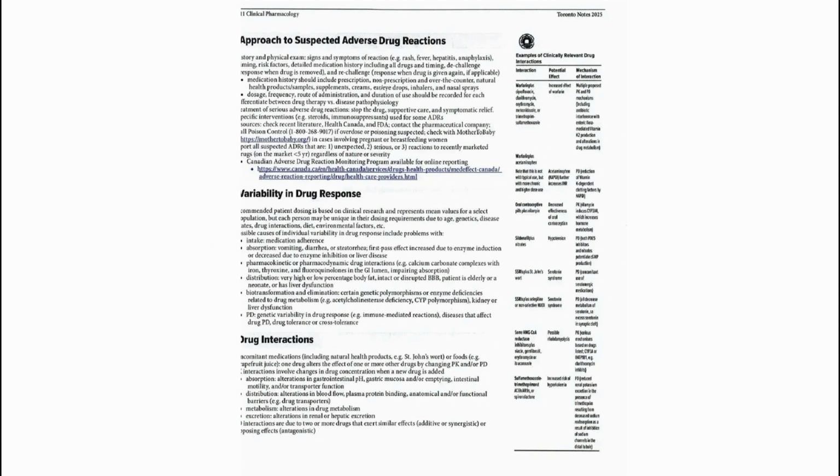Warfarin plus acetaminophen. Chronic high-dose acetaminophen may increase the INR and enhance warfarin's anticoagulant effect. Oral contraceptives plus rifampin. Rifampin induces CYP3A4 enzyme, increasing hormone metabolism and reducing contraceptive effectiveness.